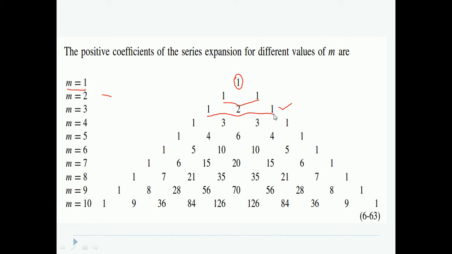While applying to antenna arrays, we can give these coefficients as feeds to different elements.